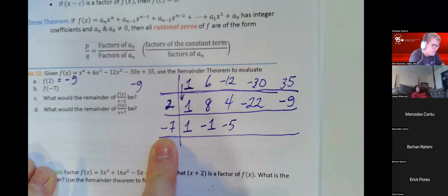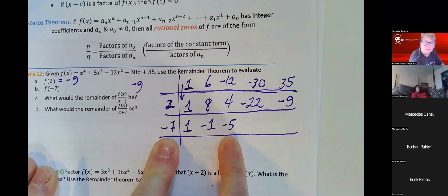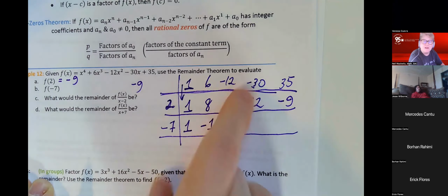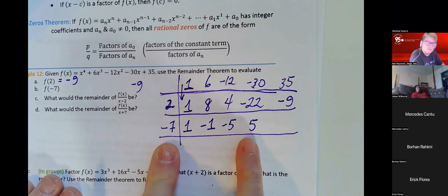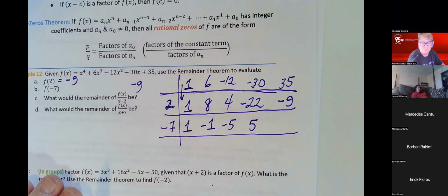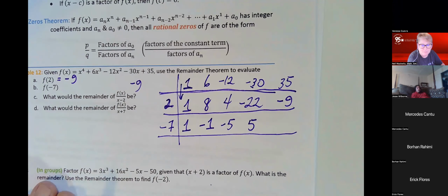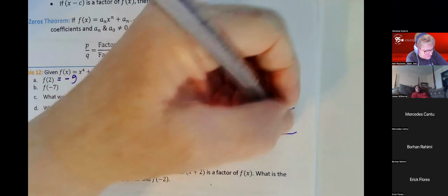Good. Negative 7 times negative 5 is 35. And then 35 plus negative 30 is 5. Good. Negative 7 times 5 is negative 35, and then plus the 35 would be 0. Good.